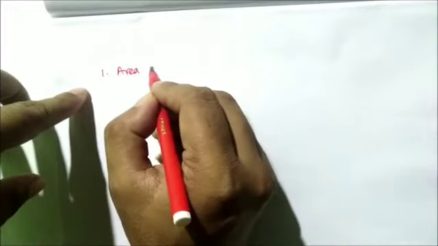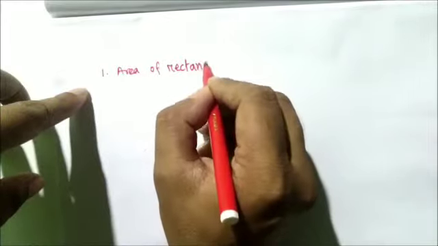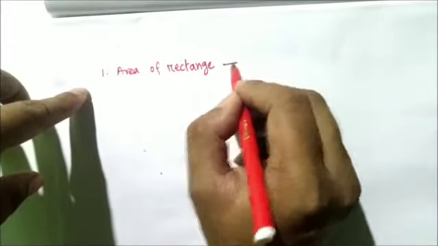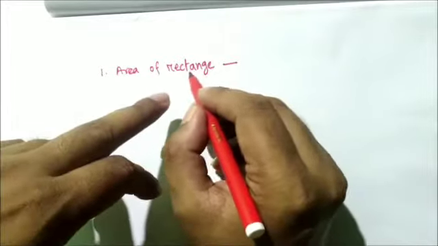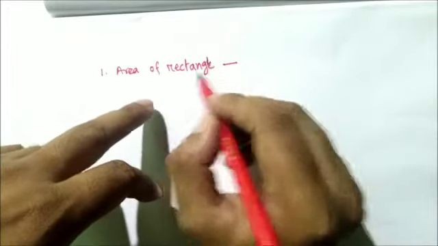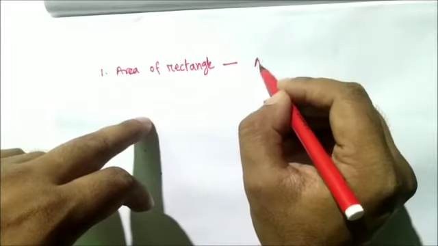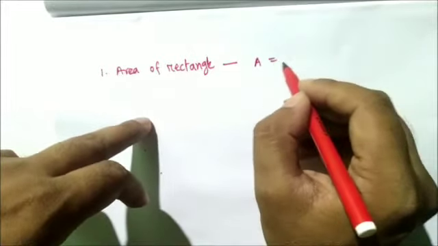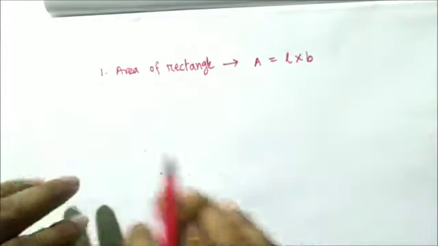I will write down the formula only. Okay, the formula is what? Rectangle. We represent the area as A, equals length into breadth. Is it clear?